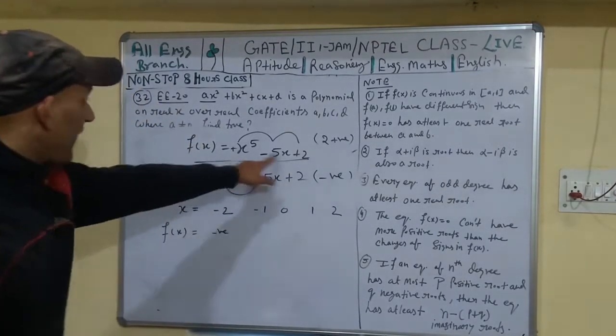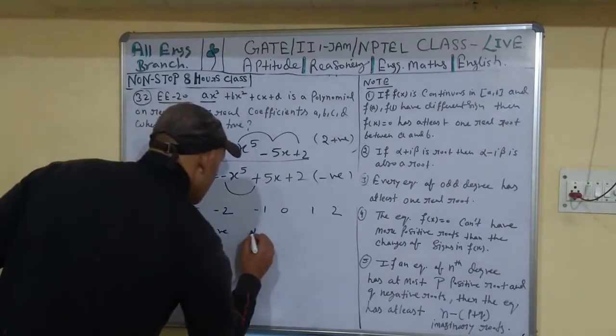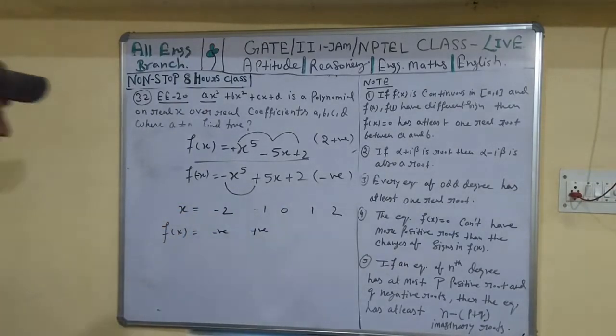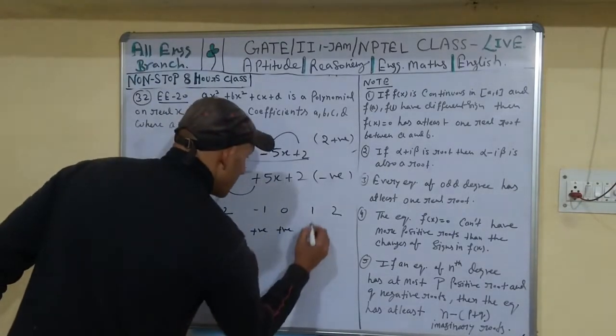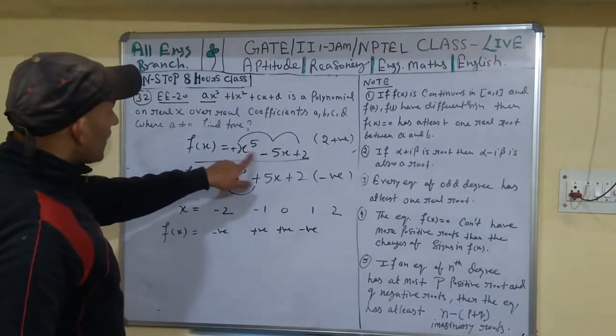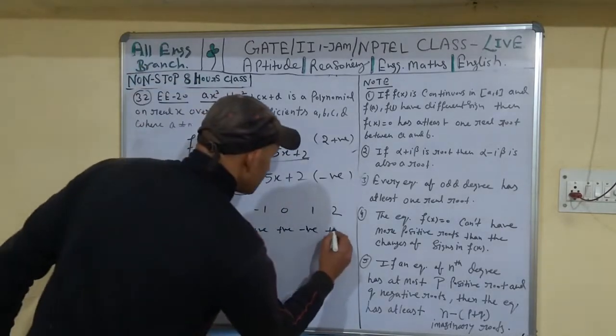If you put minus 1 here, you get again positive. And in the third, if you put 0, then this is positive, and if you put 1, then this is negative. You can check: 1 minus 5 plus 2 is equal to minus. And this is positive.